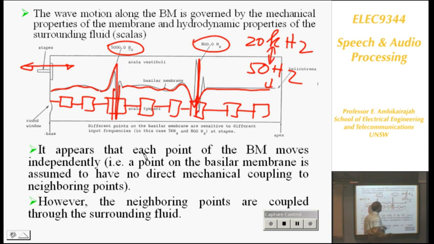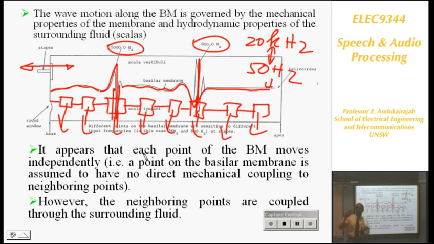In that range, I can divide them into equally spaced steps, and I could have 128 filters. I could now model my basilar membrane, which is in the inner ear and analyzes the frequency, as a cascade of many digital filters, and the output of the filters, which I catch at the center somewhere, is the actual deflection, which is the voltage that the brain receives.